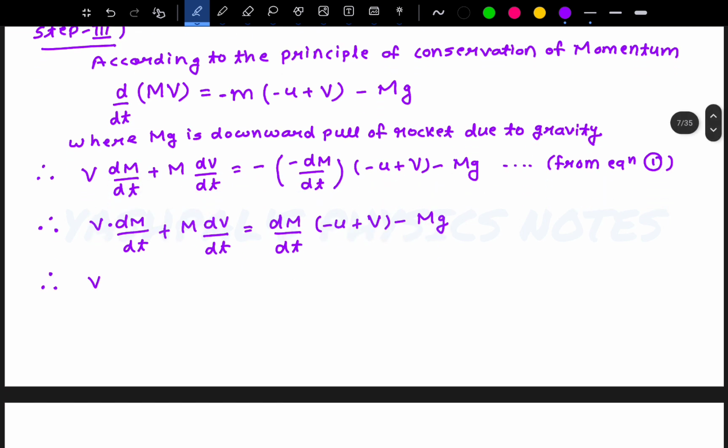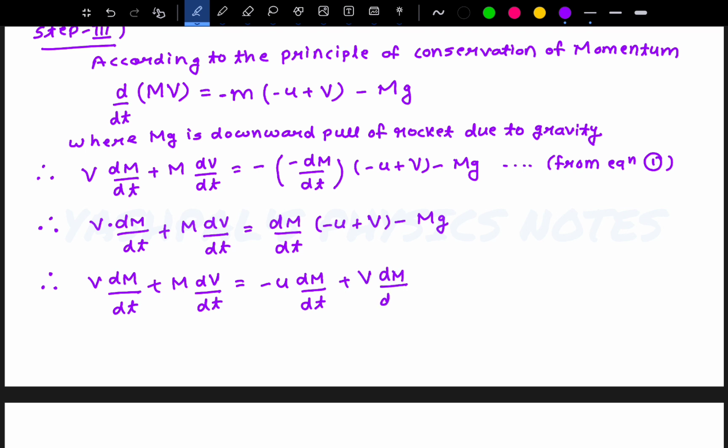Now I am going to multiply by this bracket, dM by dt into minus u plus V. So I can write minus u dM by dt plus capital V dM by dt and minus Mg as it is.